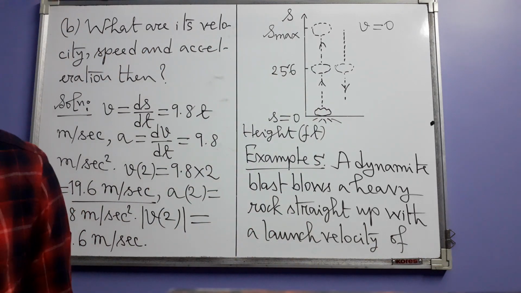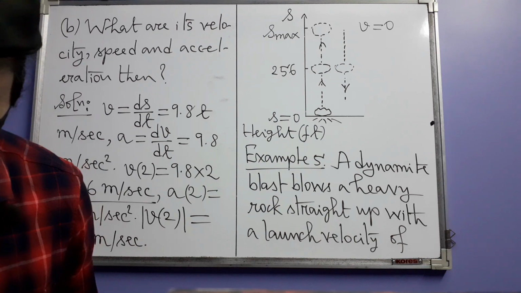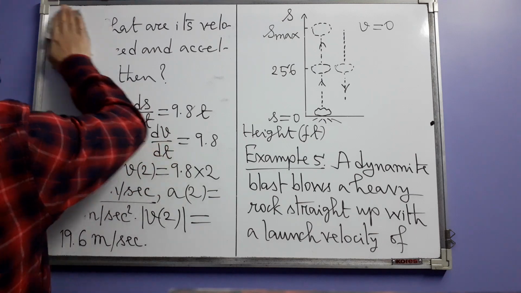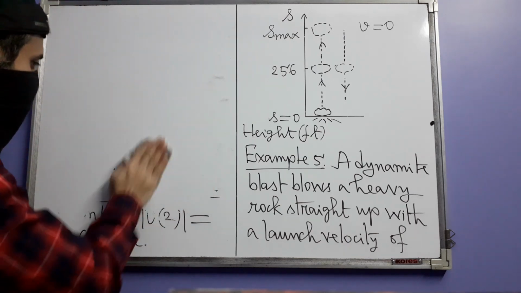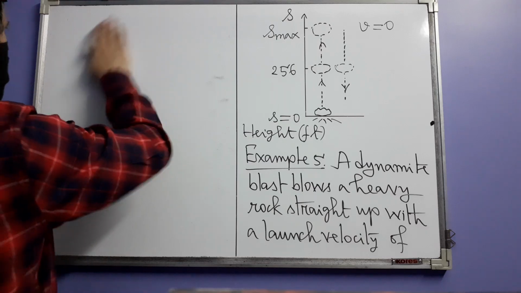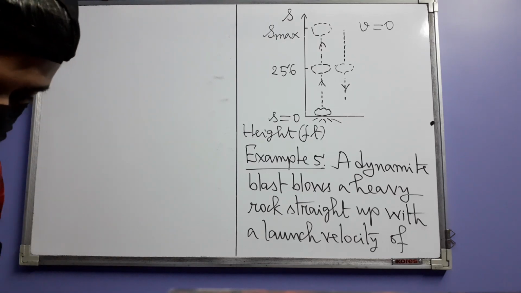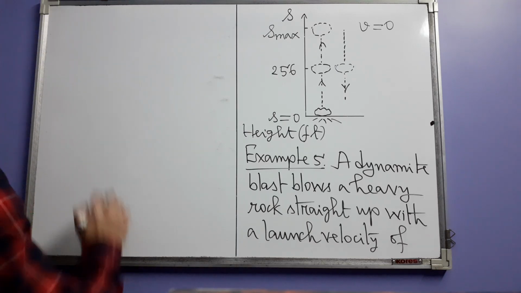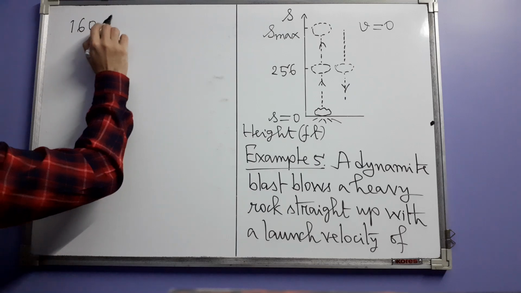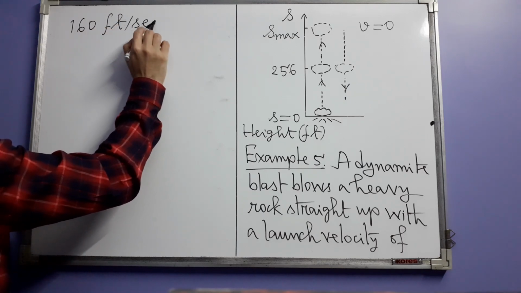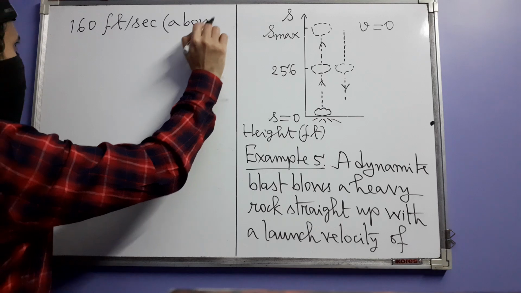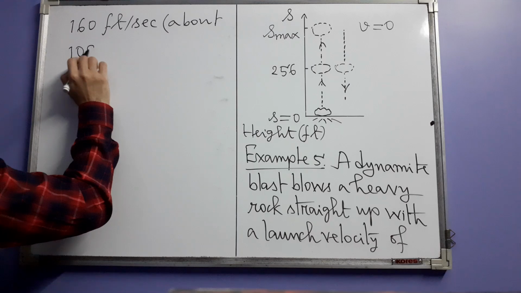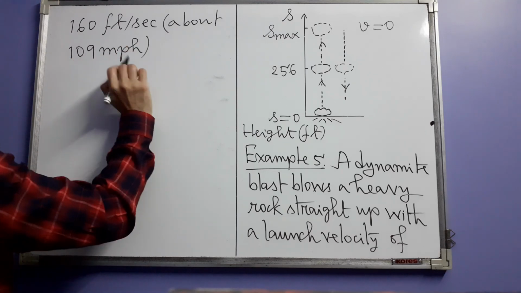That means there is an initial velocity that the rock had from the dynamite blast. The amount is 160 feet per second, which is about 109 miles per hour.